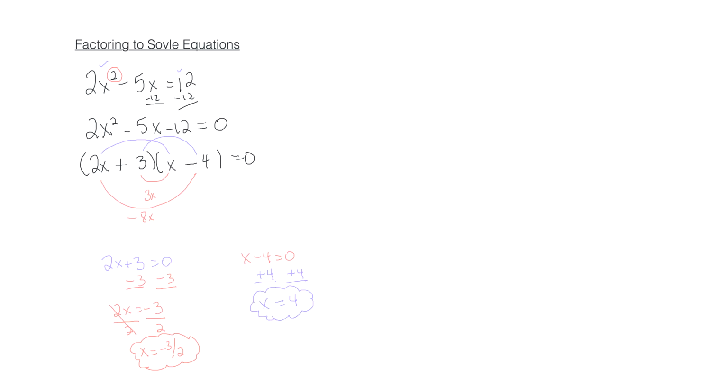So if I were to plug in, let's say x equals 4, let's see if this thing works. 2 times 4 in place of the x squared minus 5 times 4 in place of the x equals 12, or does it? 4 squared is 16 times 2 minus 20 equals 12.